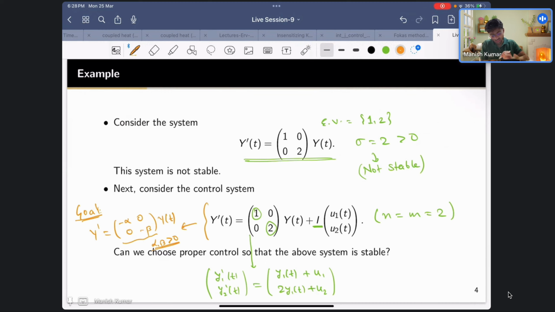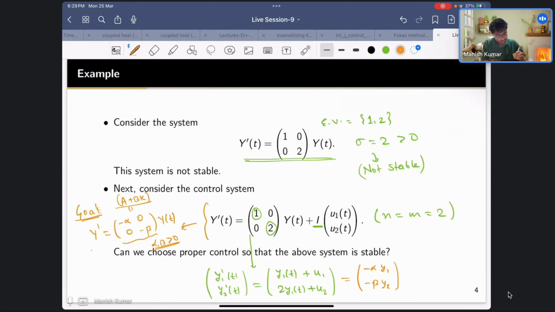So my goal would be to get here minus alpha times y1 and minus beta times y2. Looking at this, this is my a plus bk. Okay, so this is my goal.